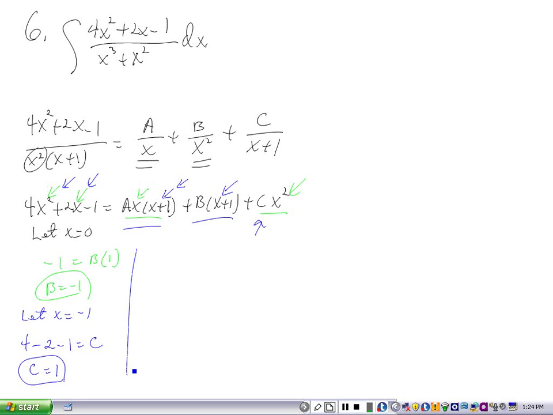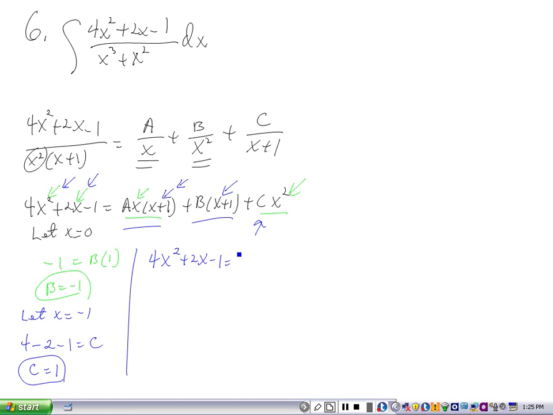Now I have to solve for a. The only trouble is that I have nothing else to let x equal that gives me what I want, so I have to look at corresponding expressions of the equation. The corresponding components are equal. On the left side I have 4x squared plus 2x minus 1, and all I'm solving for is a.